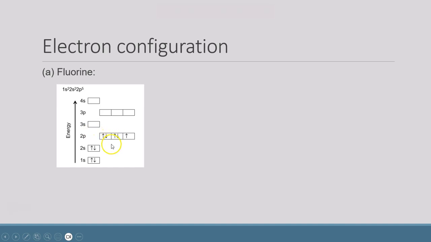Is its n equals 2 full? No, it's not. So we have to count the number of electrons in the unfilled outermost energy level, and that will tell us the number of valence electrons. So fluorine has 2 core electrons in n equals 1, and it has 7 valence electrons in n equals 2.